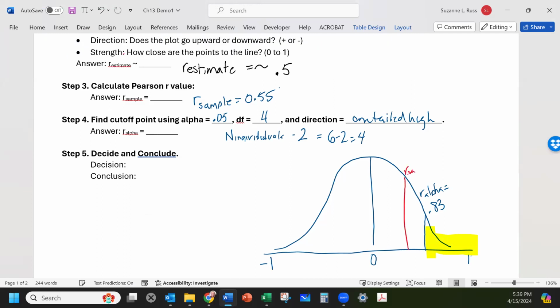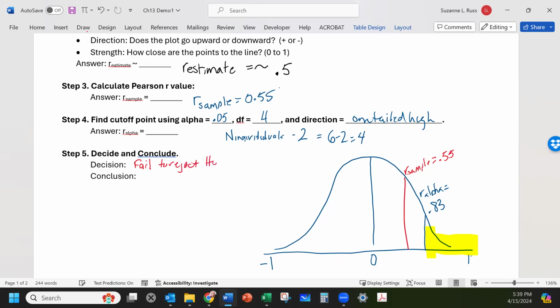Our sample equals 0.55. And we can see that just like in all our other tests, this falls in the fail region, which is all this other region in this distribution. So our decision has to be fail to reject H0.